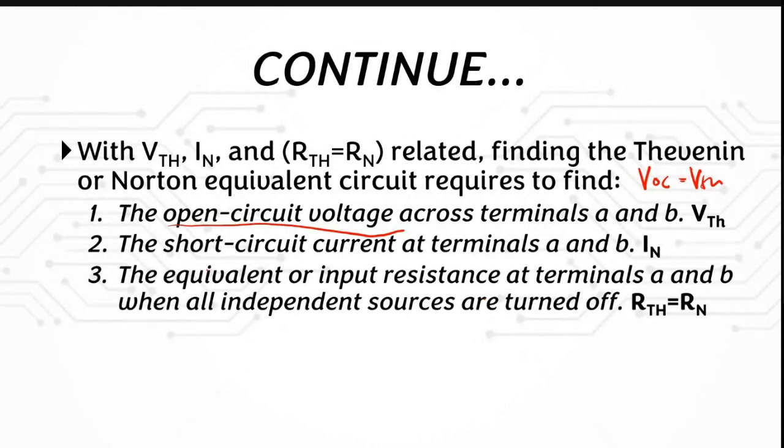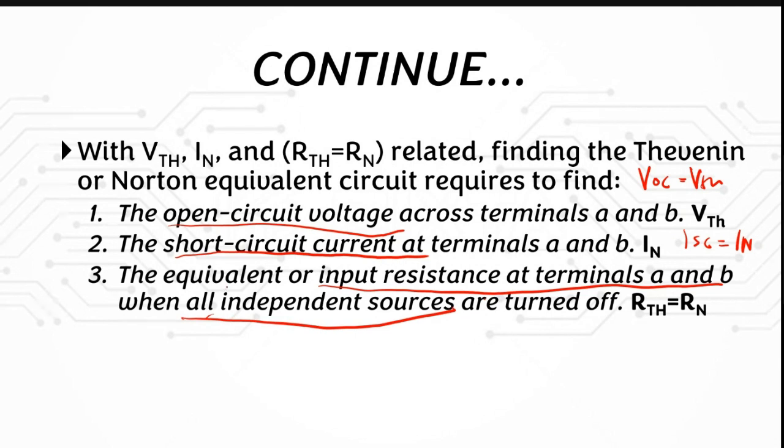And then the short circuit current, where we know that the short circuit current is equal to IN. And then the equivalent or input resistance at terminals A and B when all independent sources are turned off.